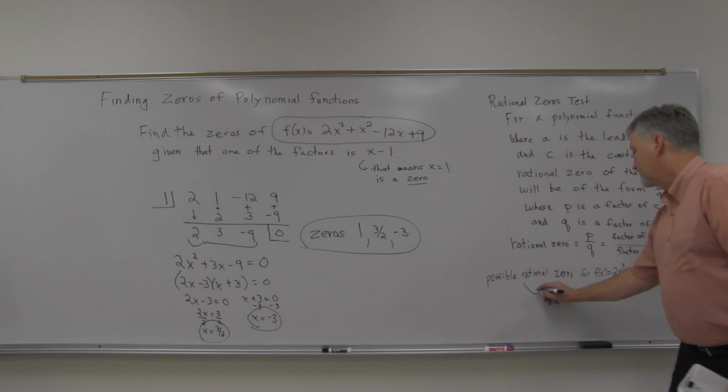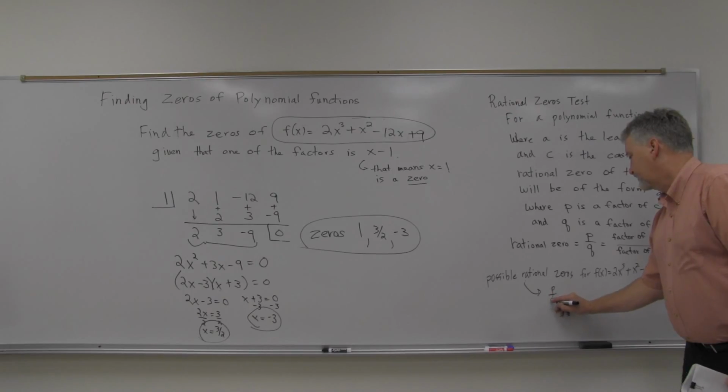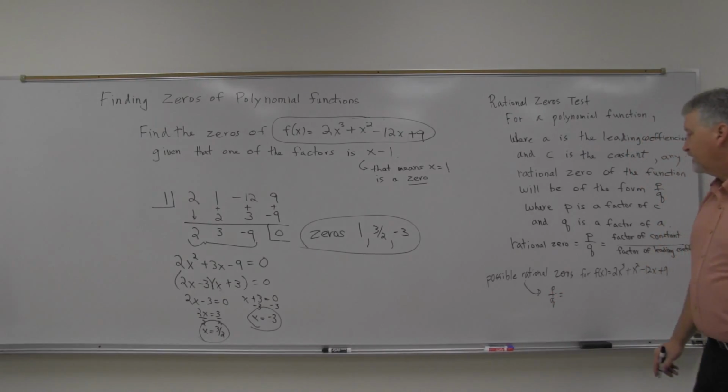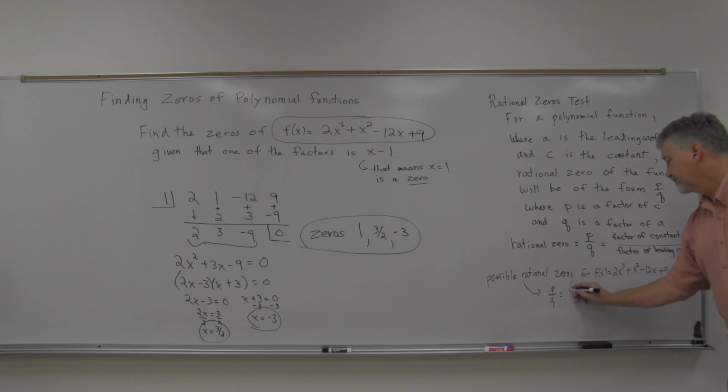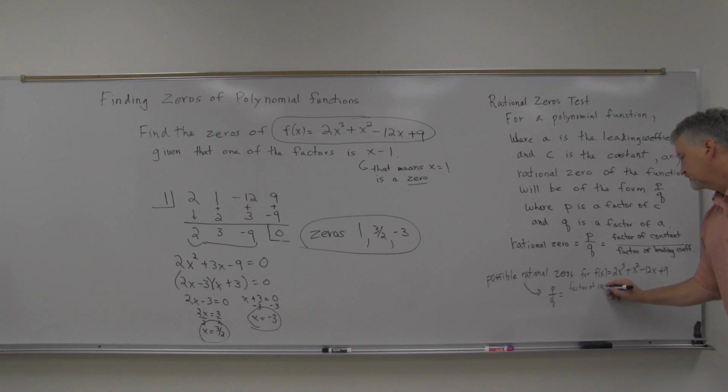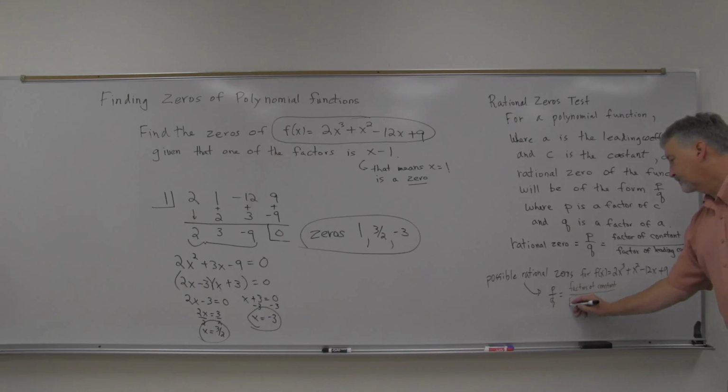These possible rational zeros are p over q. In this case, p over q would be all the factors of the constant divided by all the factors of the leading coefficient.